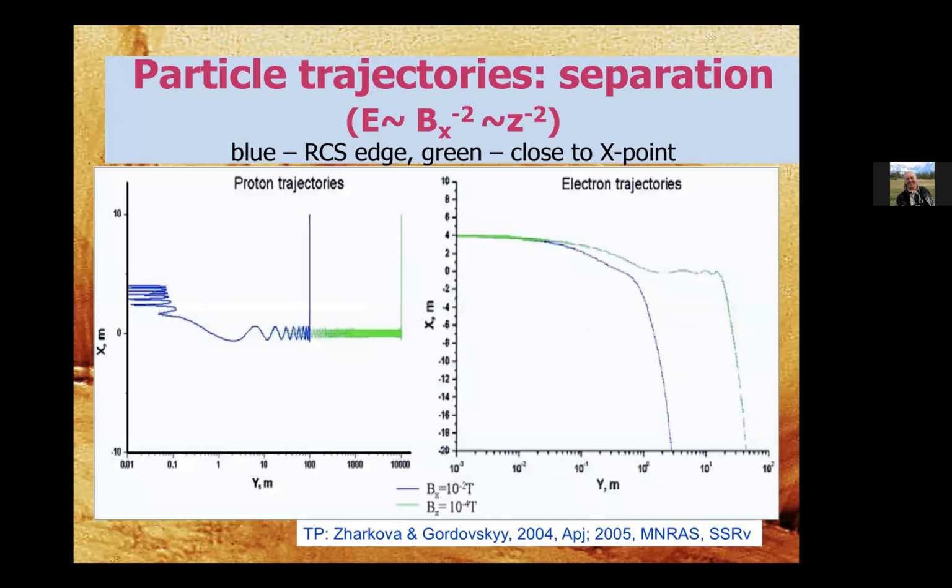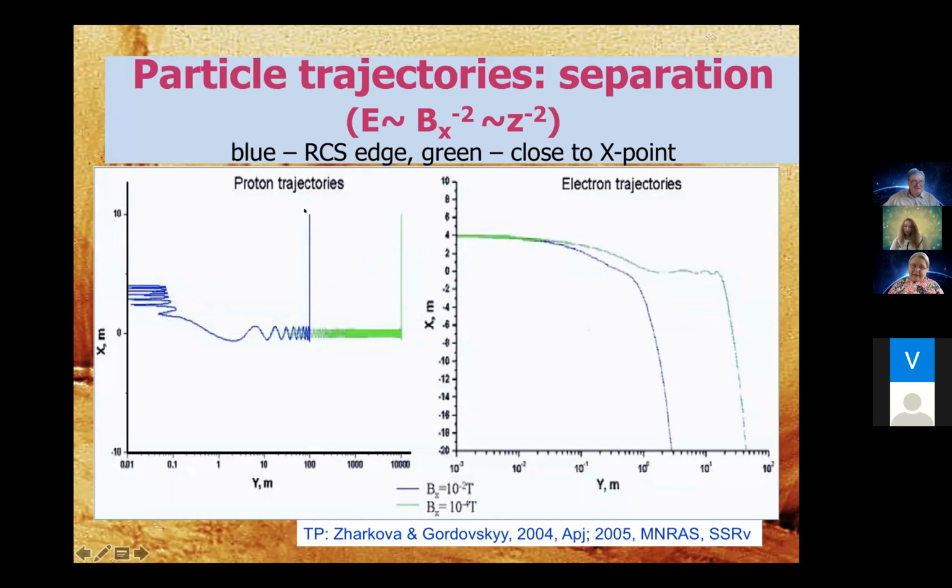What we discovered is that the trajectories of protons and electrons in the same current sheet are substantially different. Despite both being accelerated in the midplane, when they get ejected, protons are ejected into one semiplane, in this case positive X, and electrons are ejected to negative X in this particular magnetic field topology.